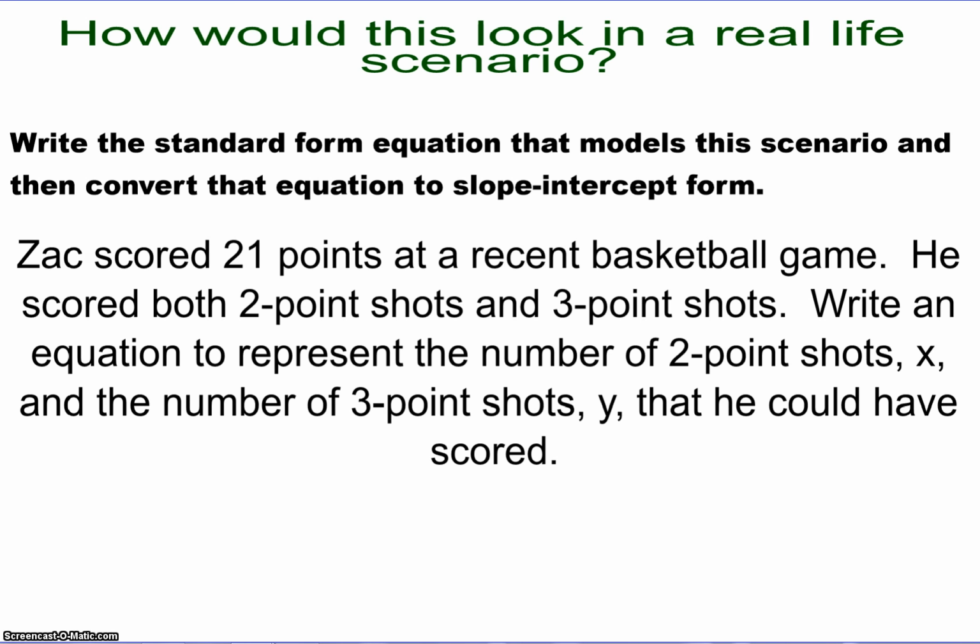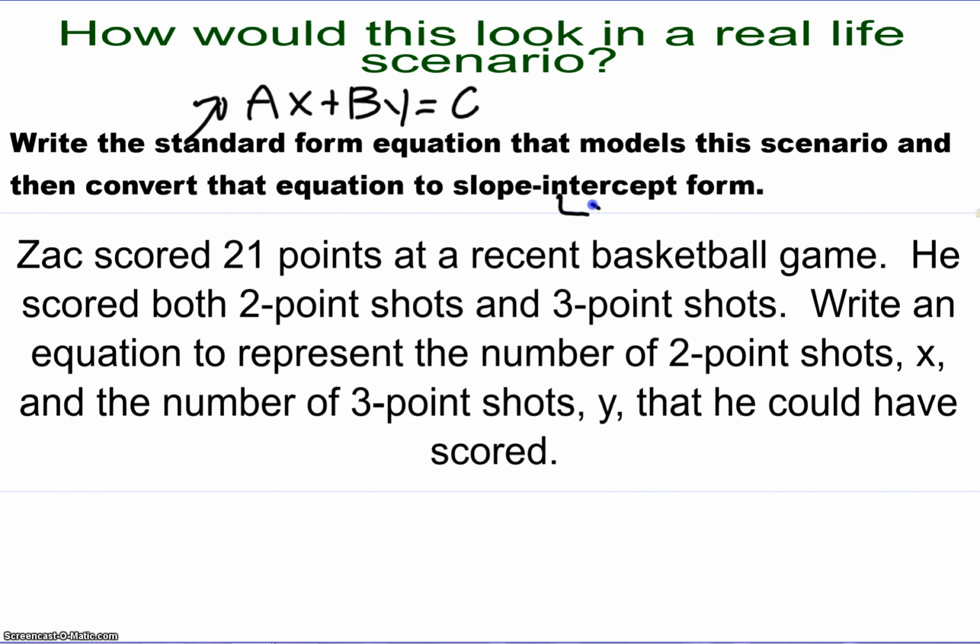So here we go. How would this look in real life? Write the standard form equation. So we know it's ax plus by equals c. Write the standard form equation that models this scenario, and then convert that equation to slope-intercept form.